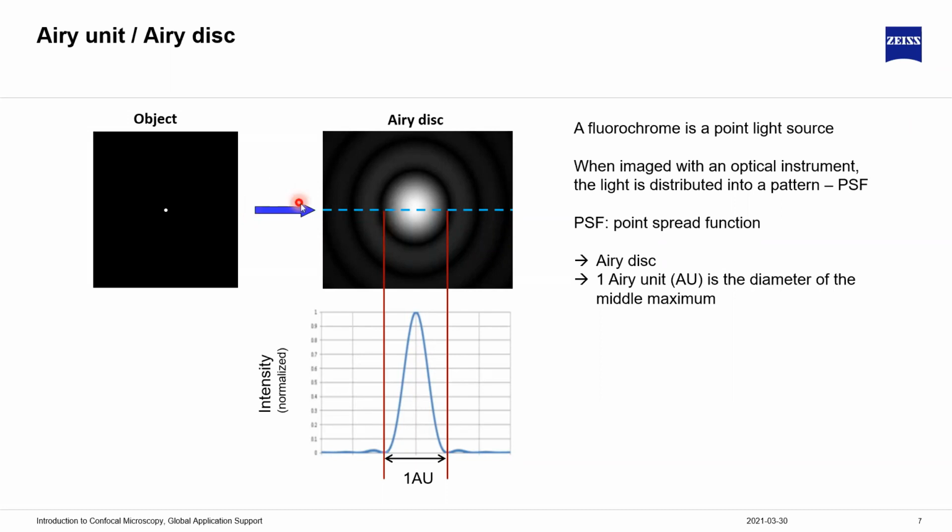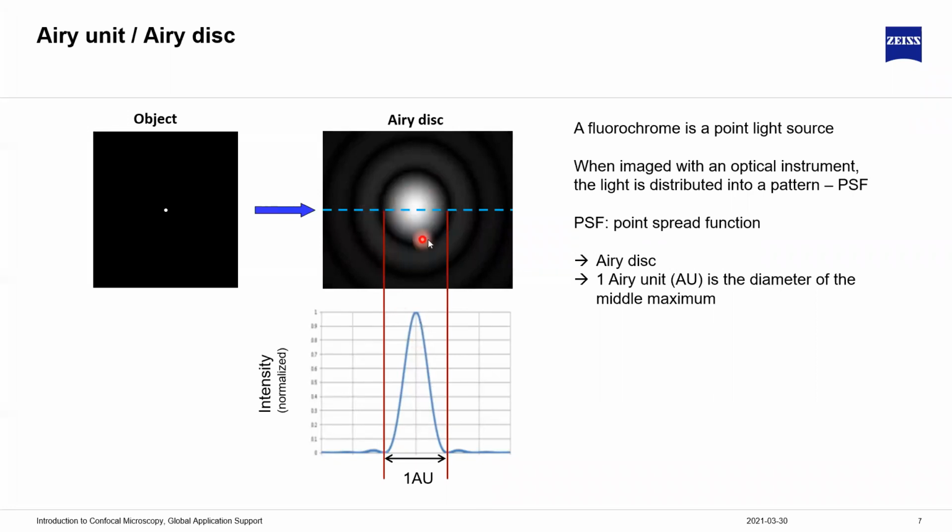After going through all the optics in the microscope, your point will be seen as a diffraction limited object, and this point spread function is also called Airy pattern, named after the scientist George Airy, who first explained this phenomenon theoretically.